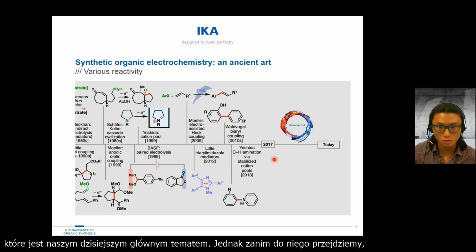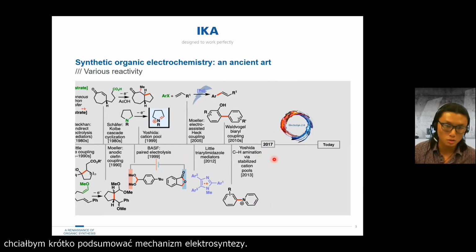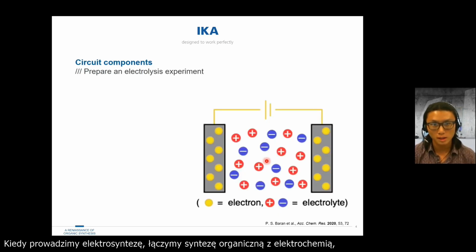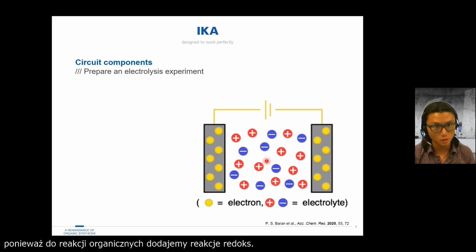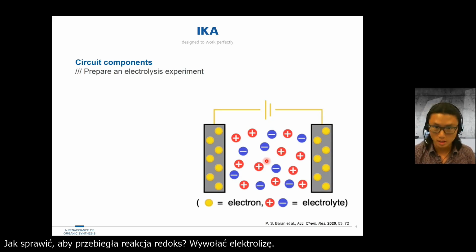But before we move on to the product, I wish to briefly summarize the mechanism of electrosynthesis. When we are running electrosynthesis, we are combining organic synthesis with electrochemistry, because organic reactions involve redox reactions. And what else has redox reactions?